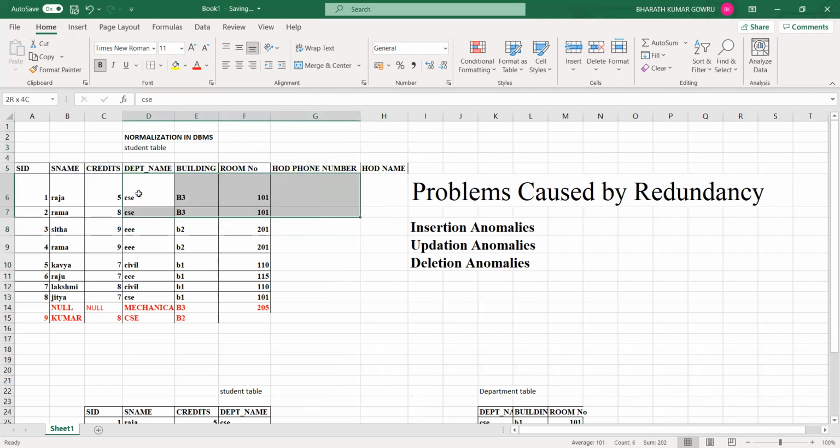Because these students are related to CSC, the HOD phone number and HOD name are the same for all the CSC department students. For all the EEE department students, the HOD phone number and HOD name are also the same. For all the civil students, the HOD phone number and HOD name are also the same.